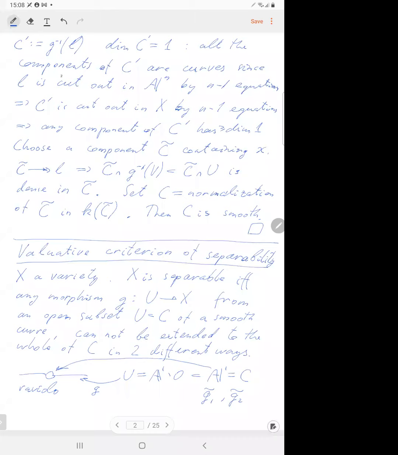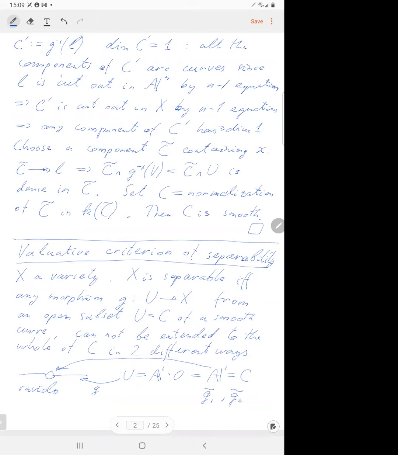So you see, this criterion works tautologically in this canonical example, but in fact, it works always. In a sense, this example is universal, so to say.